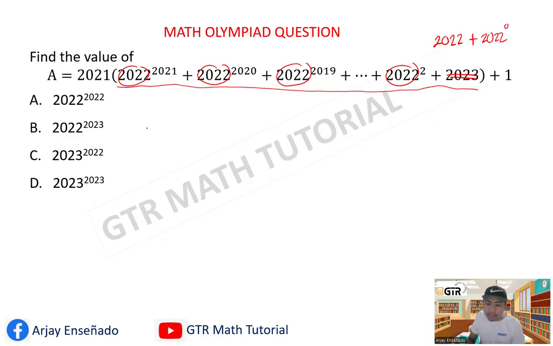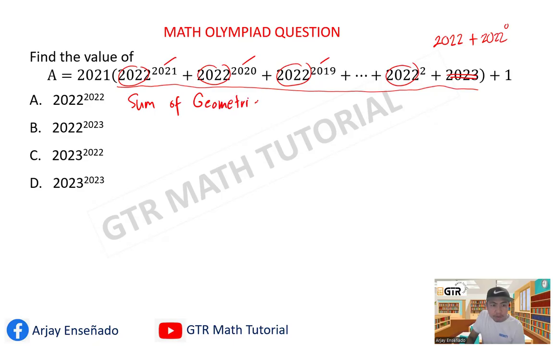Now let's look at the exponent. We have 2021, then 2020, 2019. So the exponent decreases up to 0. Therefore, we have a sum of a geometric progression.